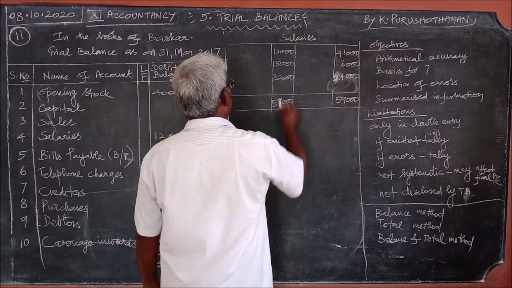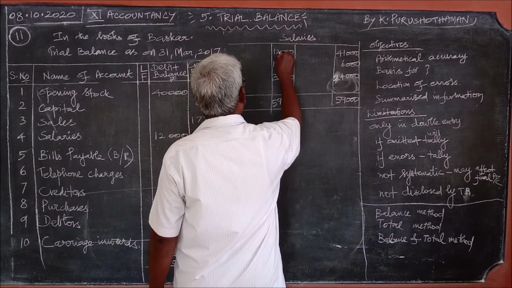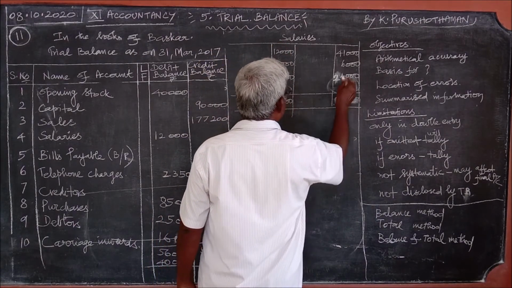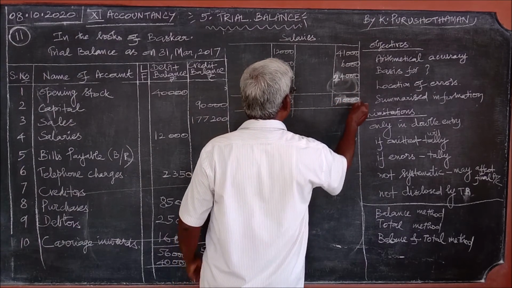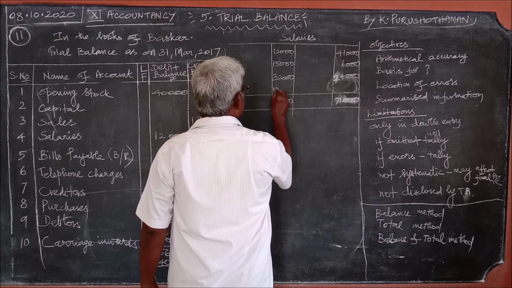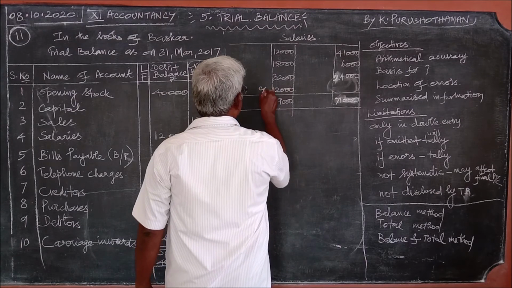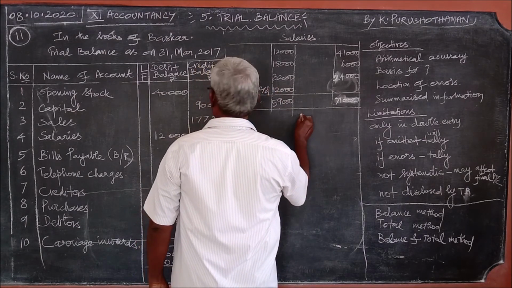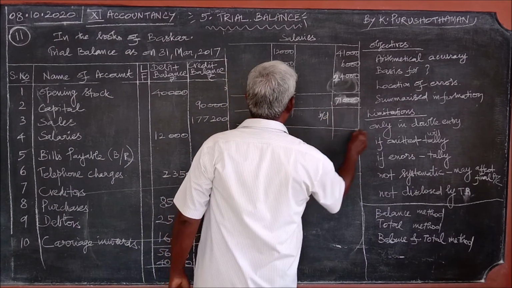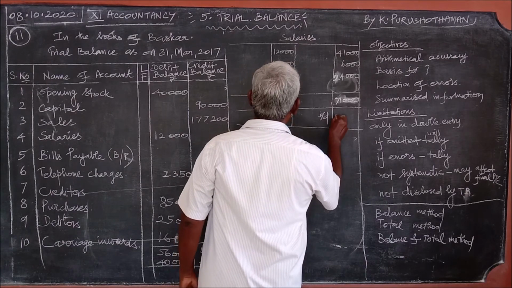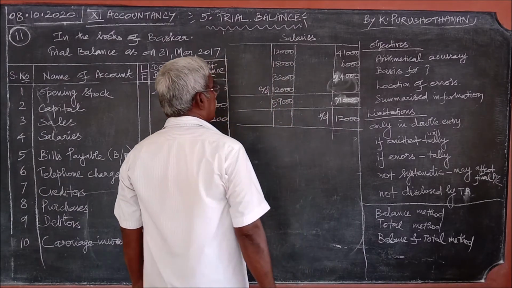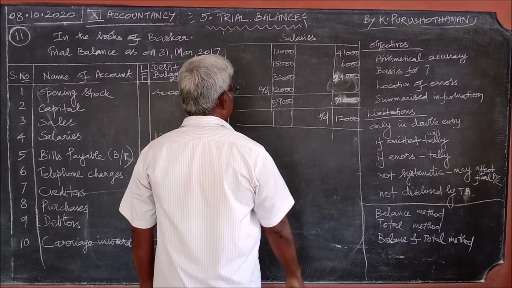So this side for salaries, debit side total 59,000, credit side total 71,000. What will you do? Here 12,000 is missing. You will write here carried down and this side brought down, say 12,000. Okay, just for example I am doing it.